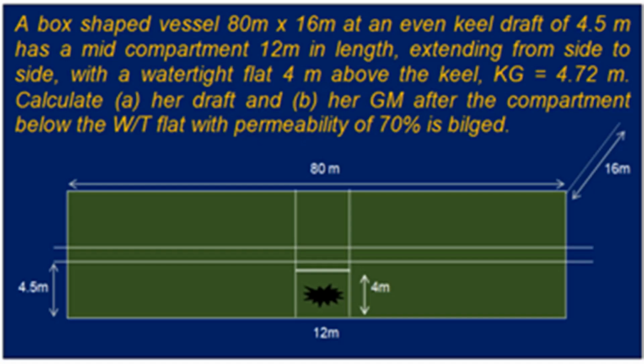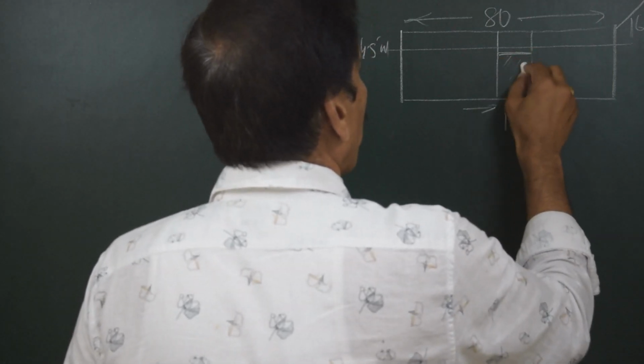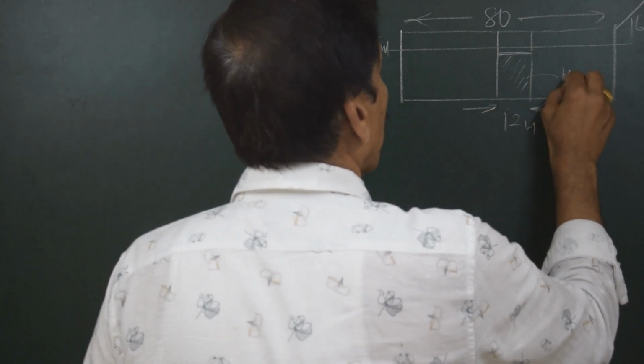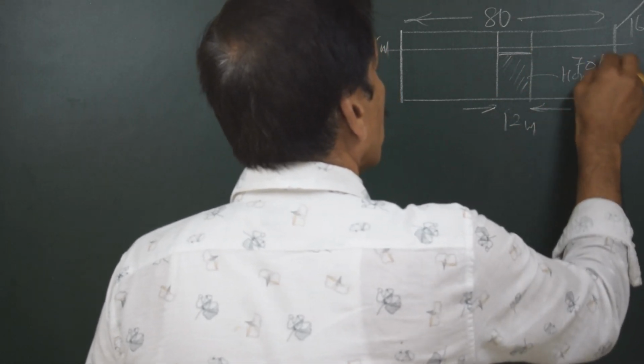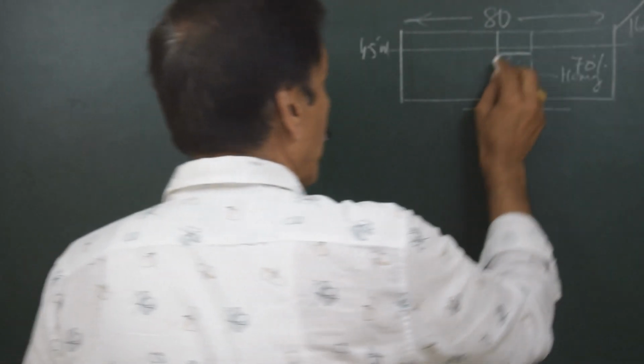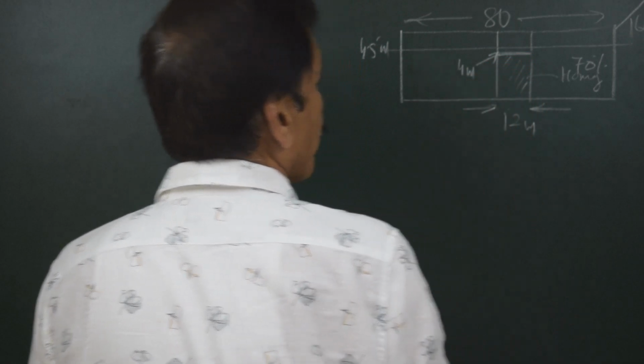This ship is floating at a draft of 4.5 meters, and at 4 meters above the keel there is a watertight flat, and here is this compartment full with homogeneous cargo of permeability 70%. Now this flat is at 4 meters.